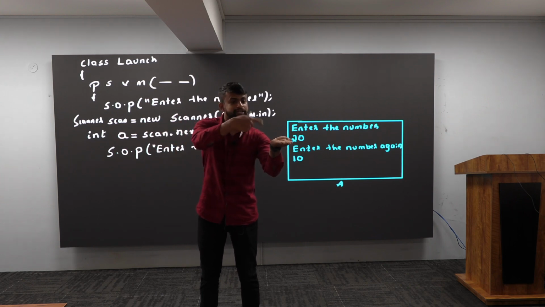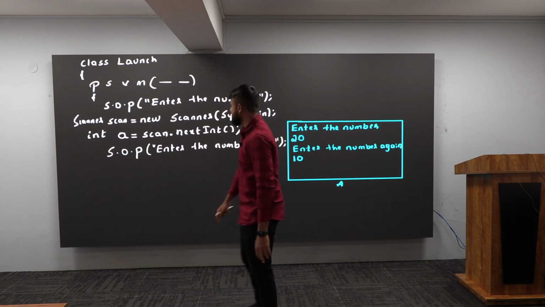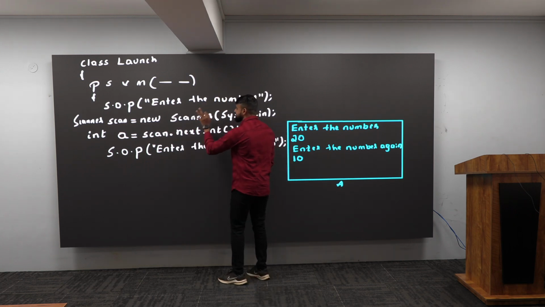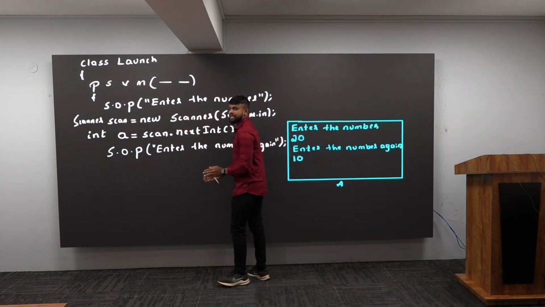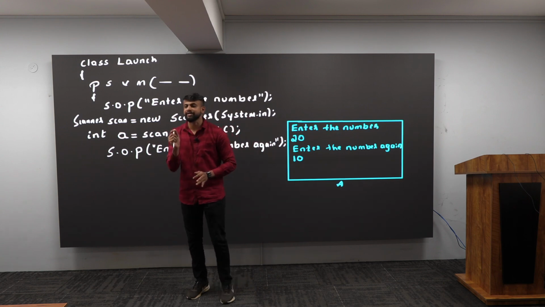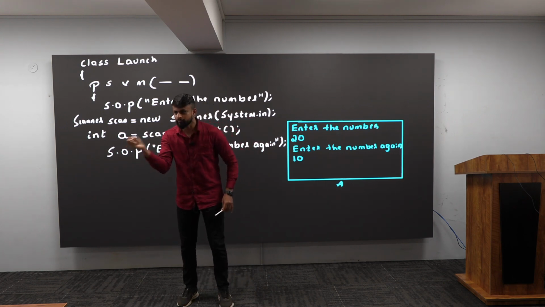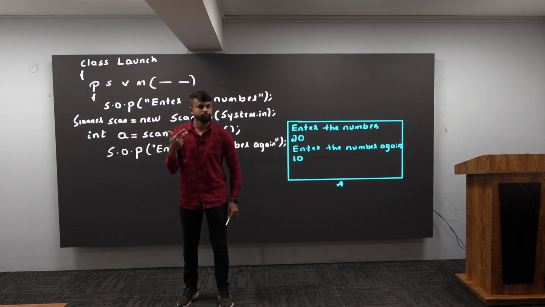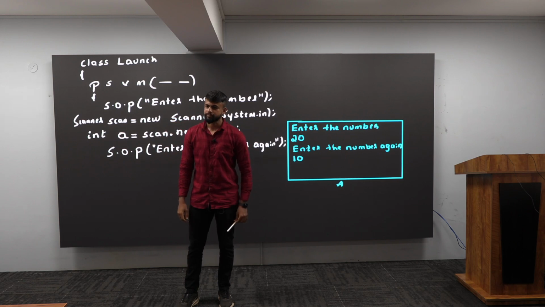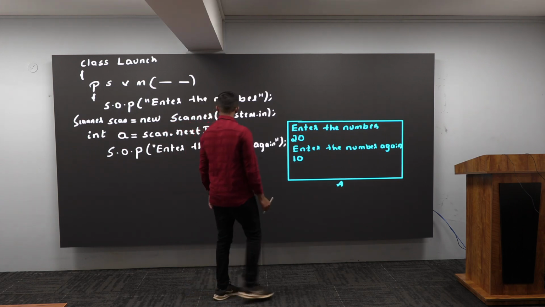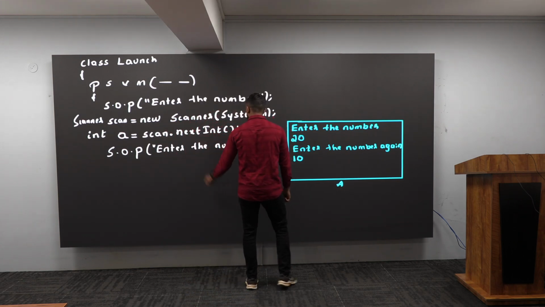You will start using that house for years together. In the same way, once you create a scanner, it is sufficient. Scanner is ready. If the scanner is ready, however many times you want, you can take the input from the user. One time, create the scanner and use it multiple times. Got this? Very good.